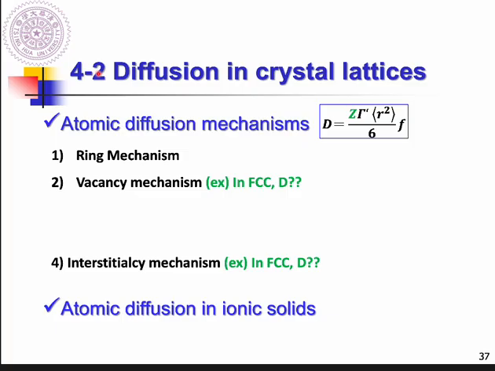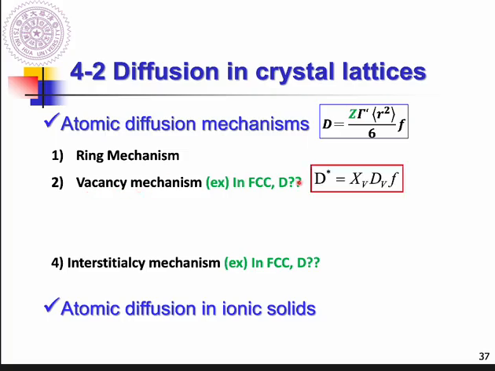Regarding the atomic diffusion mechanism, we did introduce you, besides the ring mechanism, 2, 3, 4, and we showed you how to quantitatively calculate or estimate the diffusivity, right? For the vacancy one, because there's a nearby vacancy, the host atom diffuses through the vacancy.